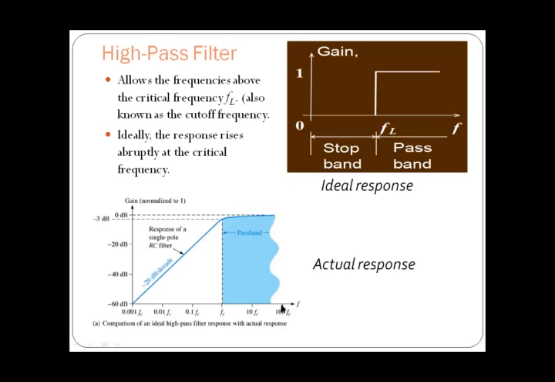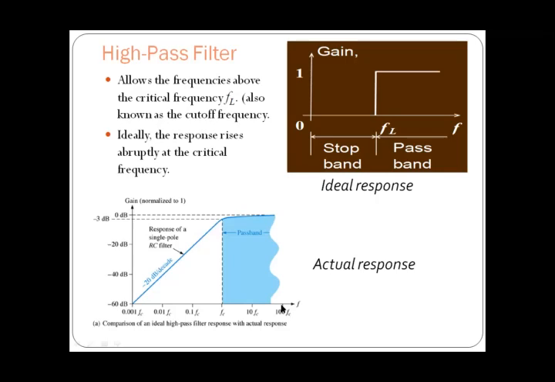So high pass filter, the name itself indicates that it only allows the high frequency signals through it and rejects all other signals. So here we have to observe from which frequency component it is allowing the signals.